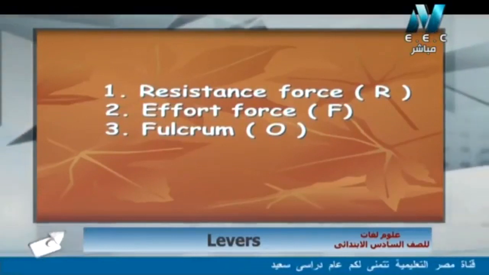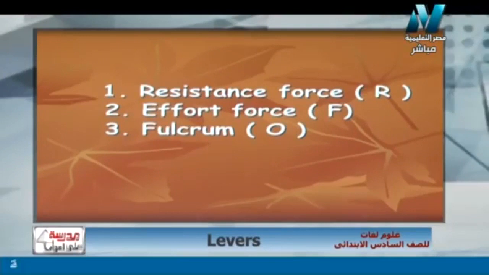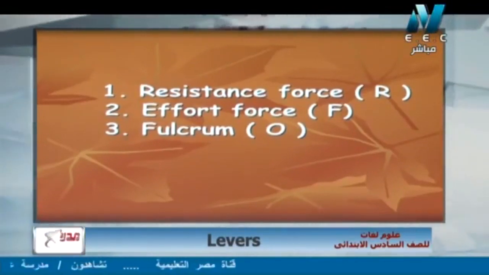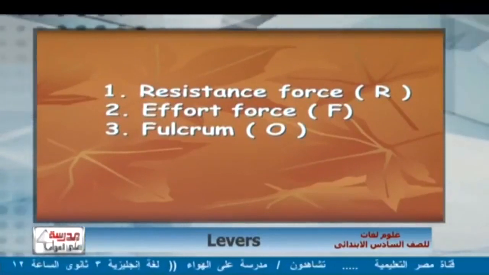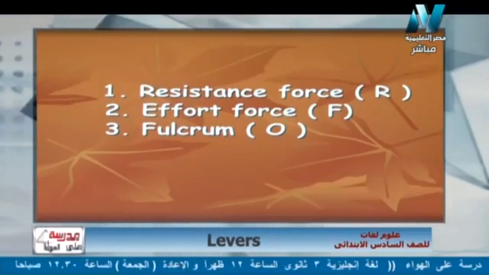Take notes please here, it has a symbol O, not F. ناخد بالنا ان fulcrum هو ليه رمز O مش F، لان F هو رمز ال effort force. So again, lever consists of 3 main parts, which are resistance force R, effort force F, and fulcrum O.